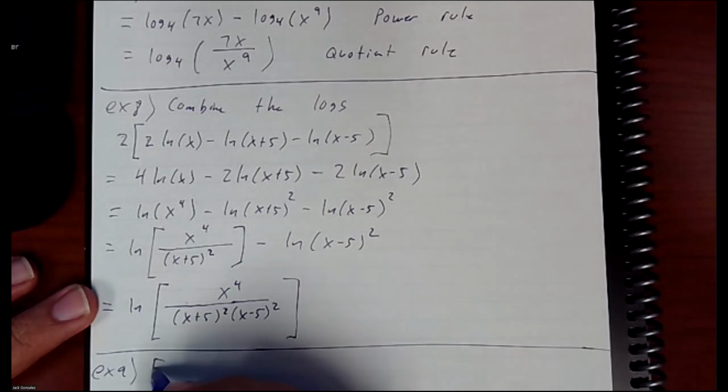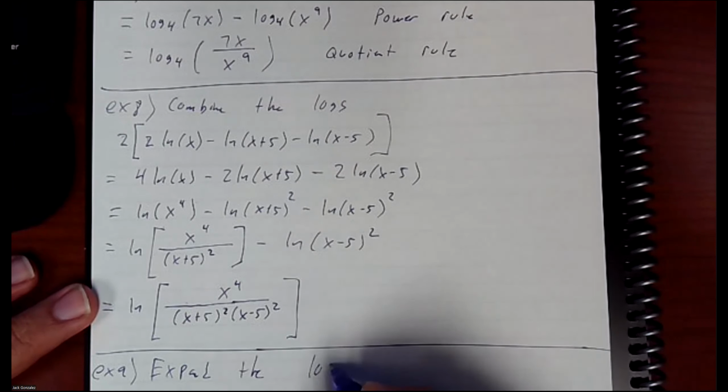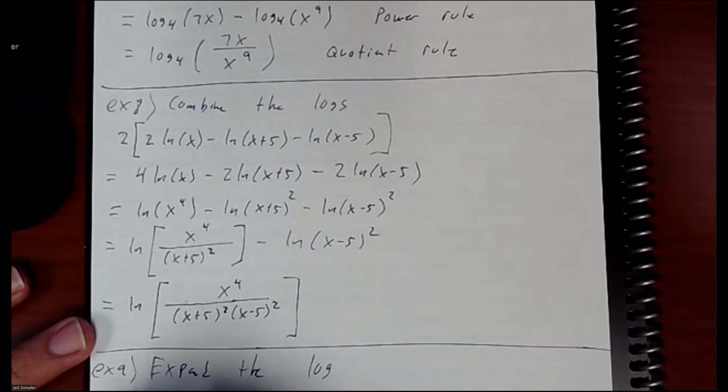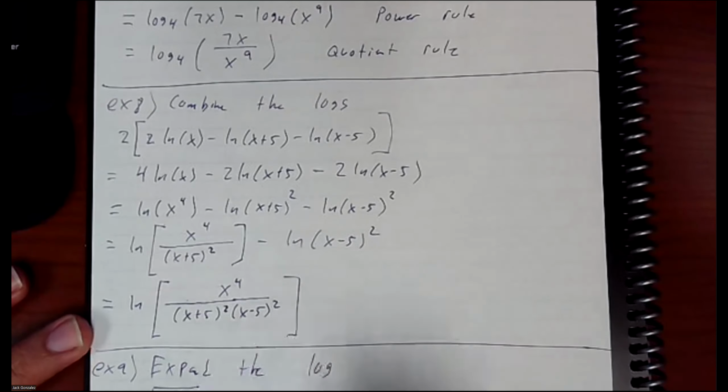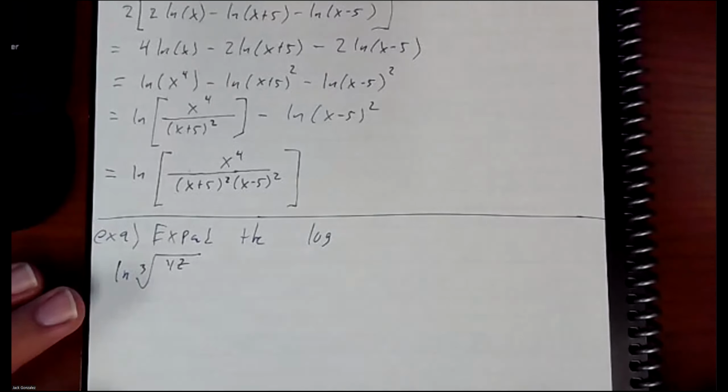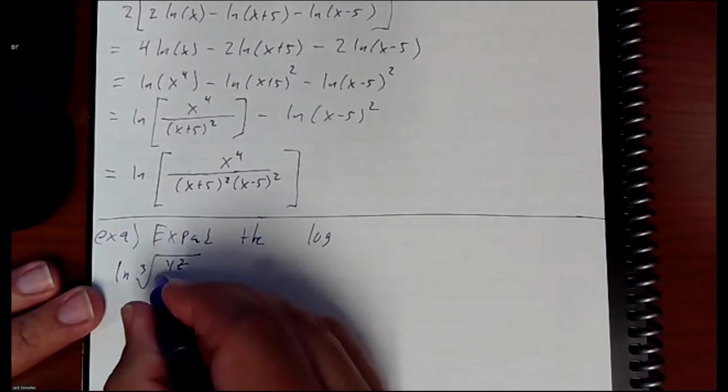This is an expand. So the first thing you gotta do with this guy is change that root to a power. So that's yz over x to the 8.